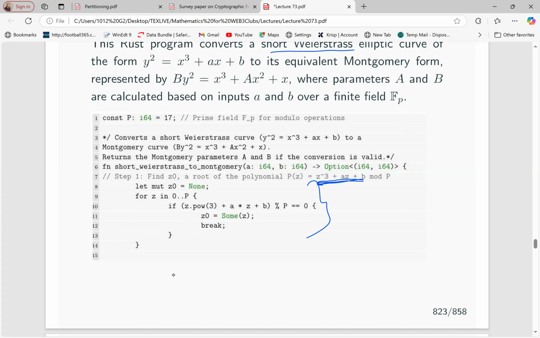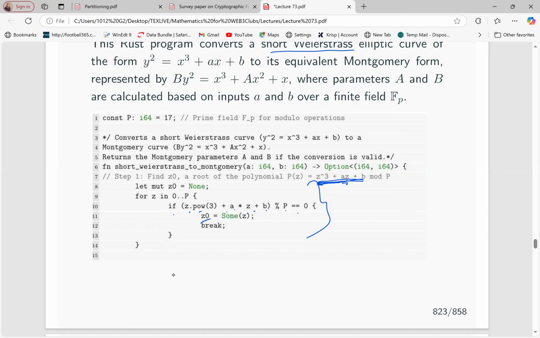So I'm saying if z raised to power 3 plus a multiplied by z plus b mod p is 0, then it means that there's some z0.